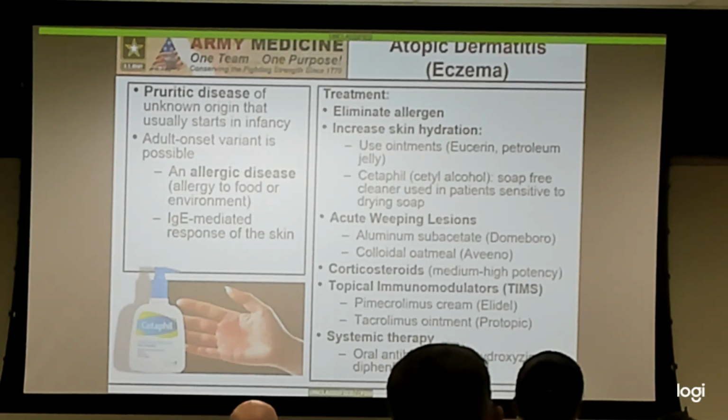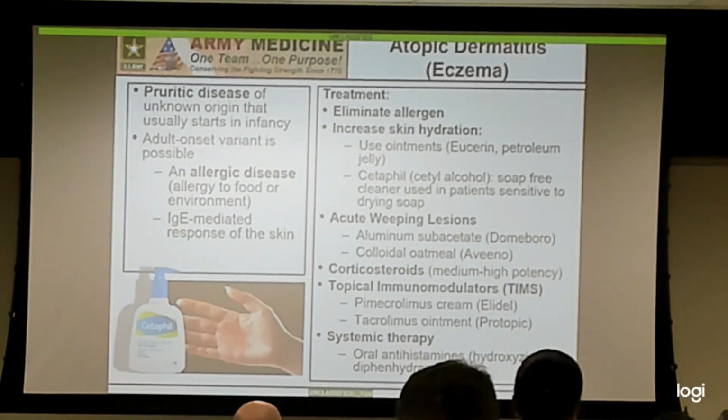And of these two, the one that you're going to use the most is your tacrolimus ointment, because again, they are drier and a lot of them need that hydration that they're not going to get as much from the cream. They do get some from the cream, but a lot of times the tacrolimus works a lot better, especially in those thicker areas when your patients have had multiple flare-ups of their eczema.